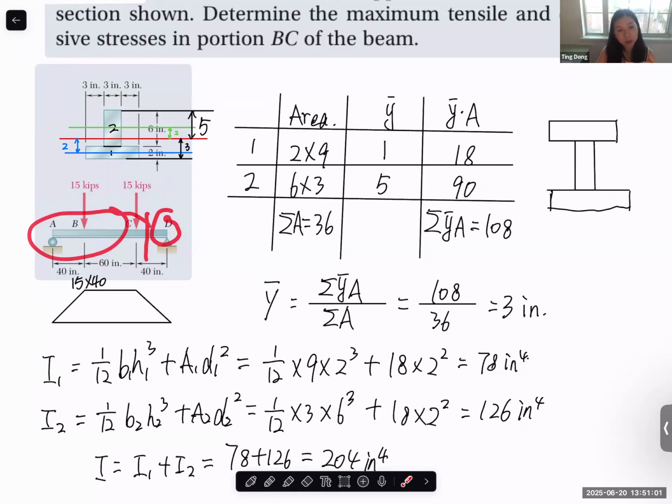Using the right side will be easier for the free body diagram and equilibrium equation. Same thing, the reaction force here is 15. And this distance, whether you call it X or not, it's the moment arm. So as the distance increases from point D, the moment arm linearly increases.